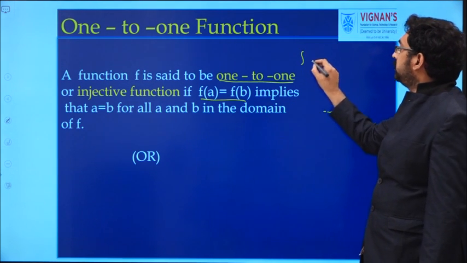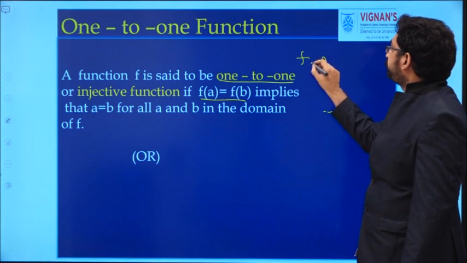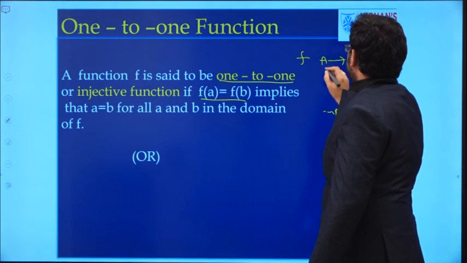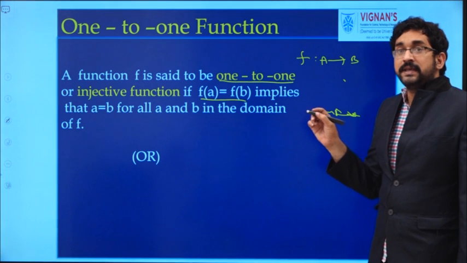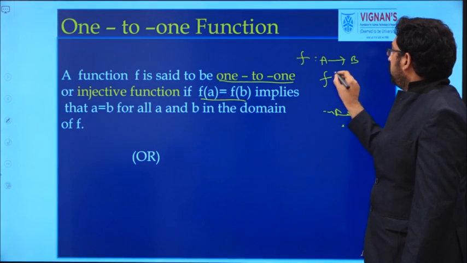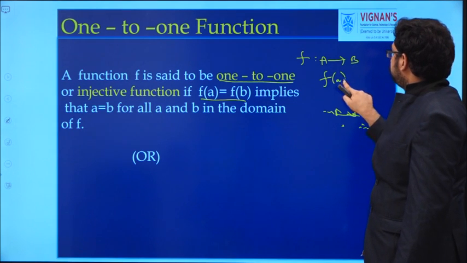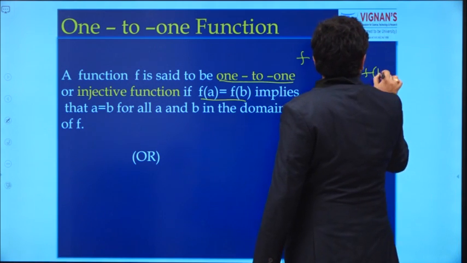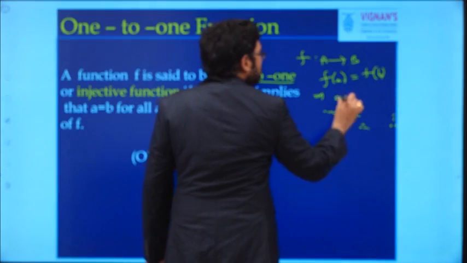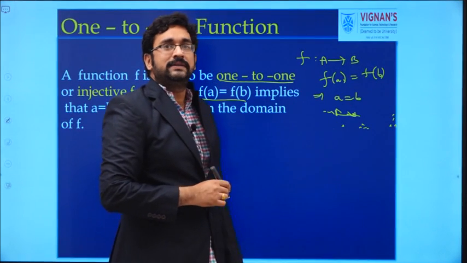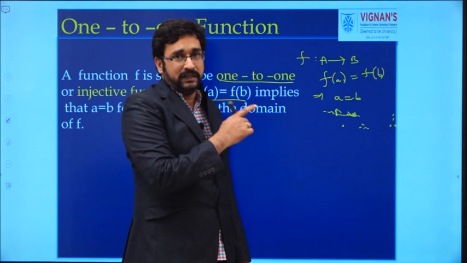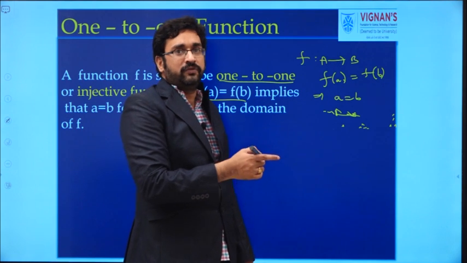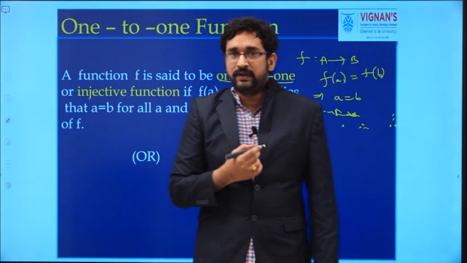So if f is a function from A to B, we define f as 1-1 if f of a equal to f of b implies a equal to b. So we can say that f is 1-1 if their images are equal, then elements are also same. That is one way of defining one-to-one function.